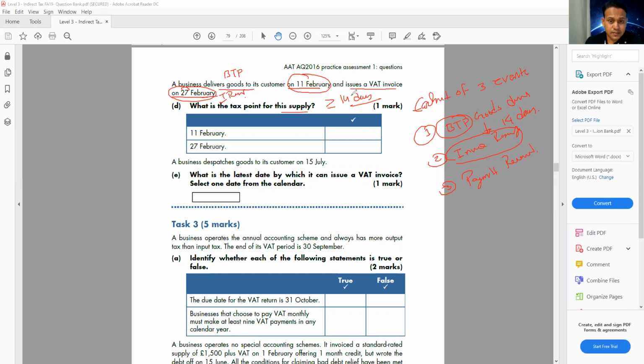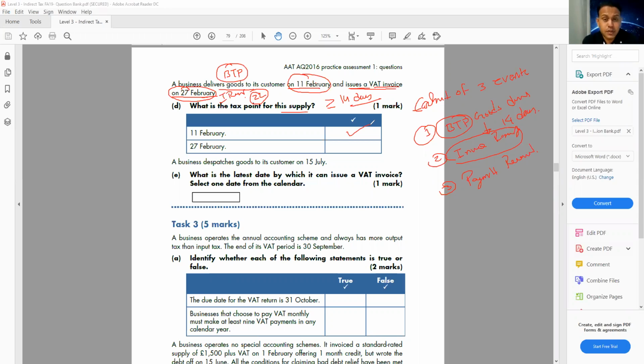If this is less than 14 days, for example, not 27 February but 22 February, then our basic tax point will change and the invoice issue date will be the tax point. But for this question, from 11 to 27 is more than 14 days. So 11th of February remains the basic tax point. So we say this one.